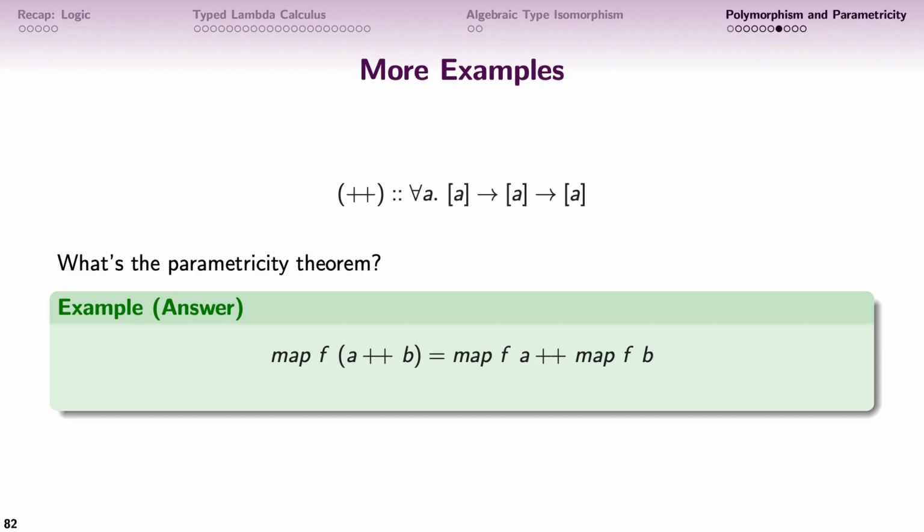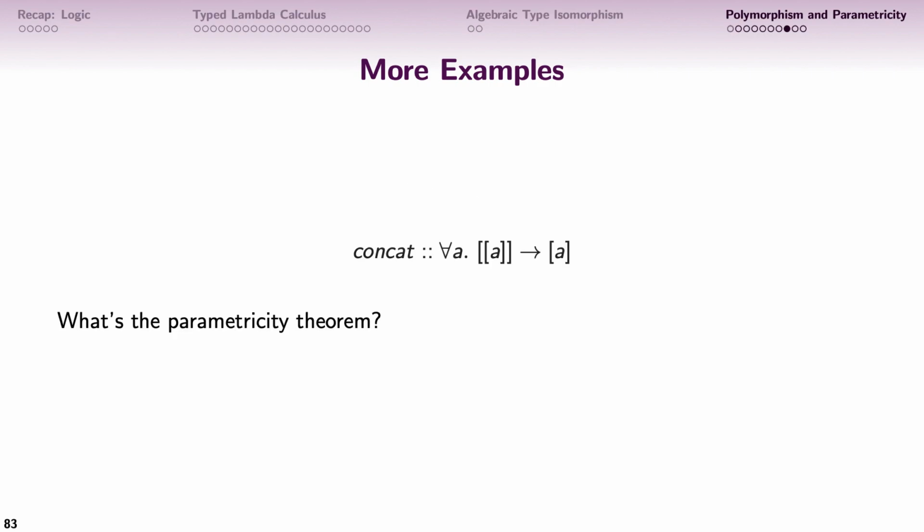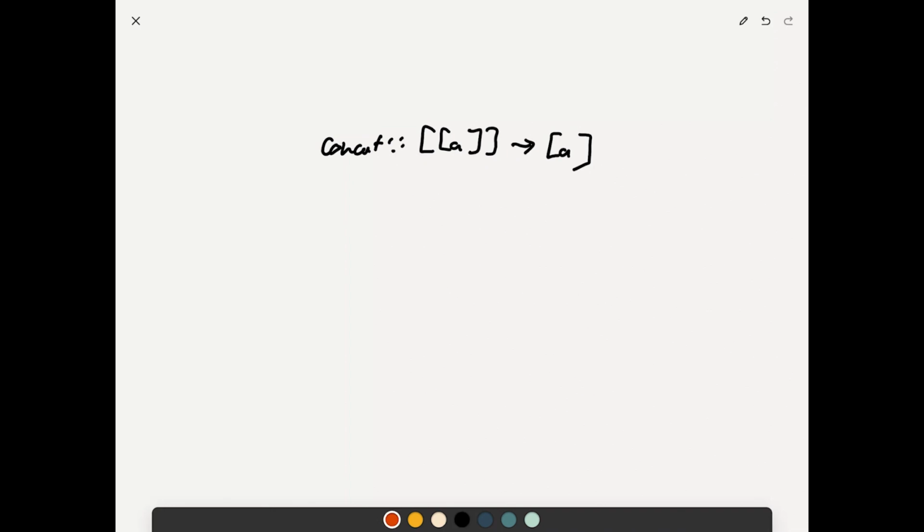Right? And let's do another example, concat. So this takes a list of lists and just flattens it down one level. So we have concat, list of list of A to a list of A. So first I need to run my function f on all of my inputs of type A. To do that, I need to not just map f, but map (map f).